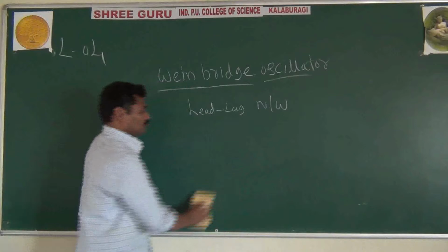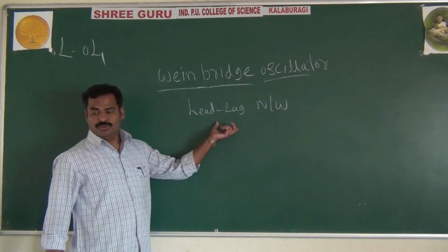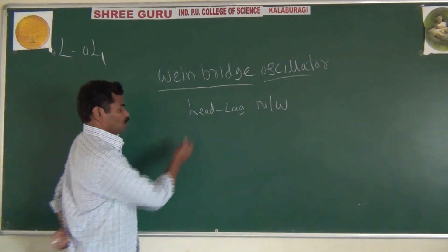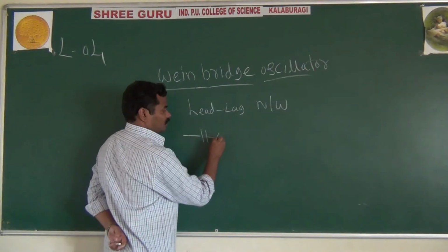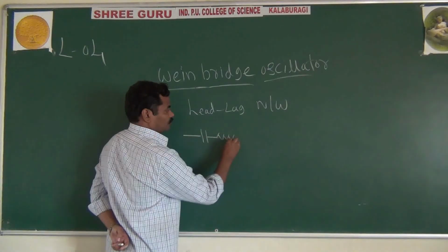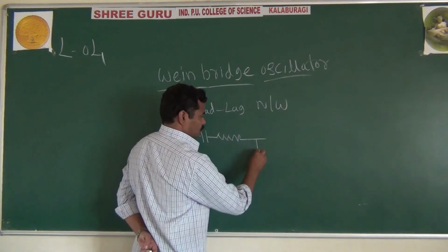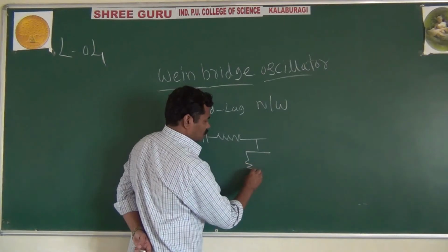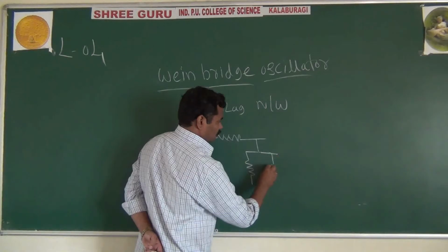And what is lead lag network? You see here, it contains a capacitor and a resistor in series, and also it is having a resistor and a capacitor in parallel.